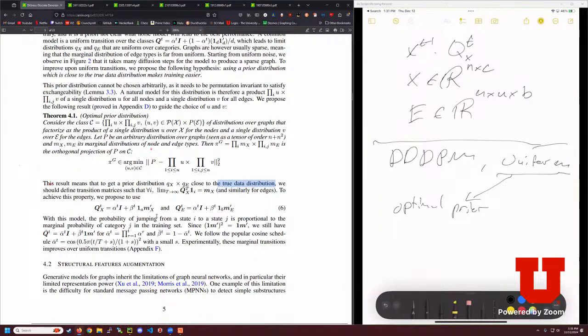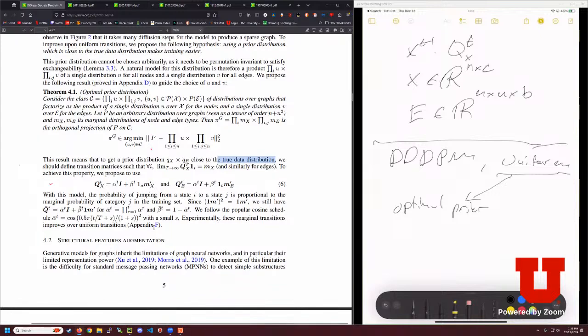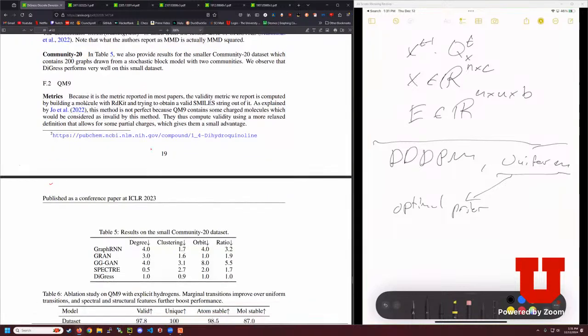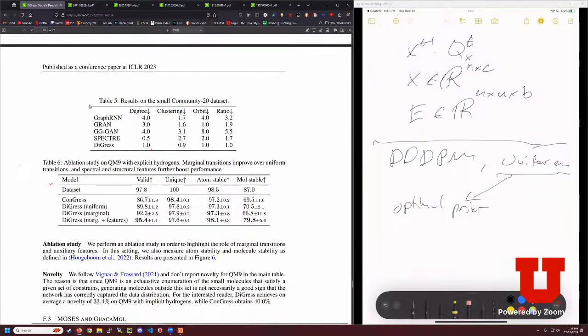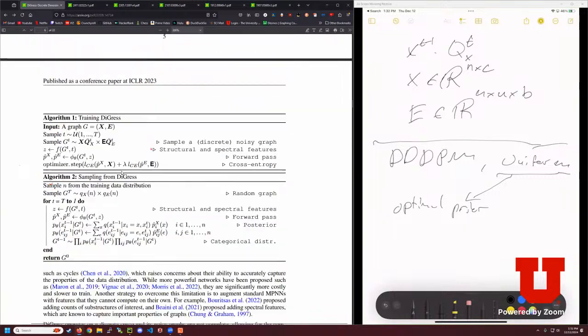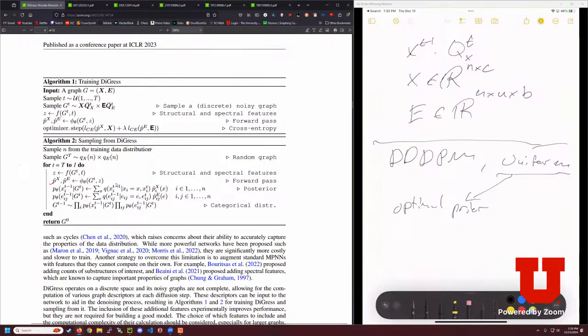Then how do they get this m_X prime and m_E prime? I don't know if they say. Let me check here. I don't actually know if they say.